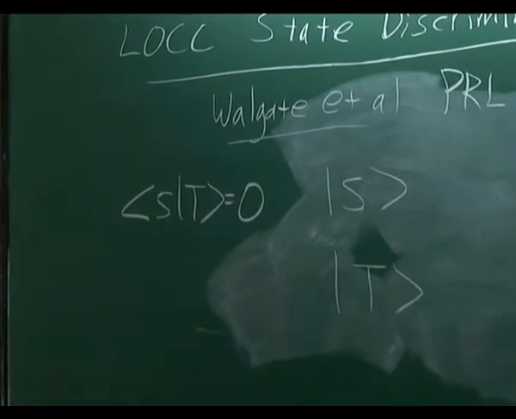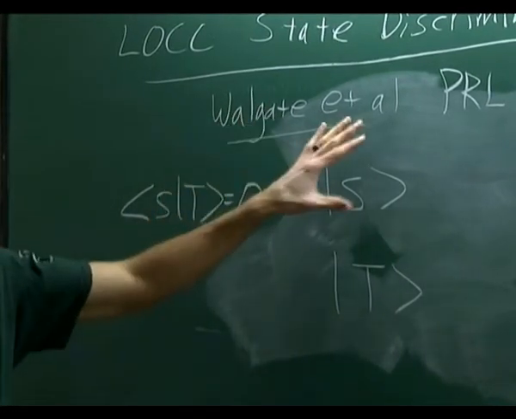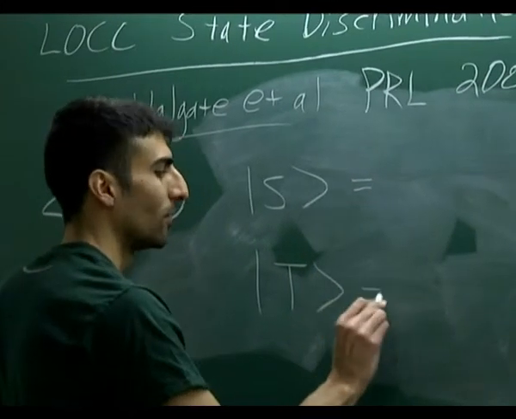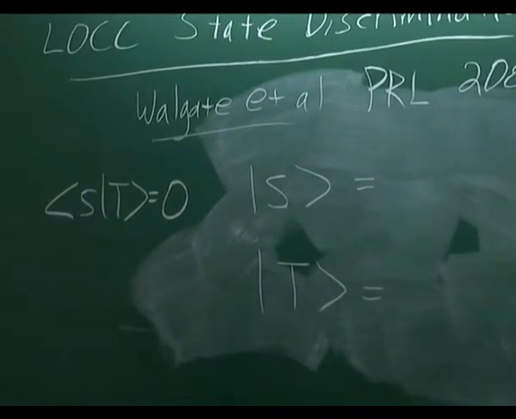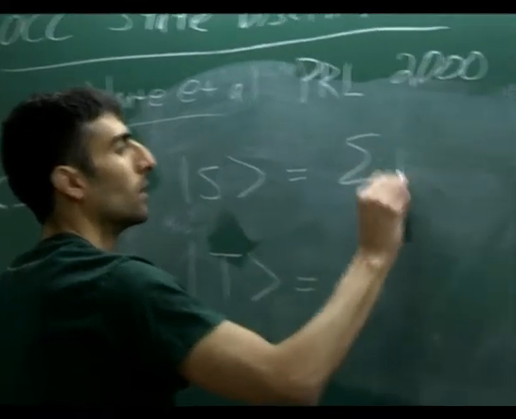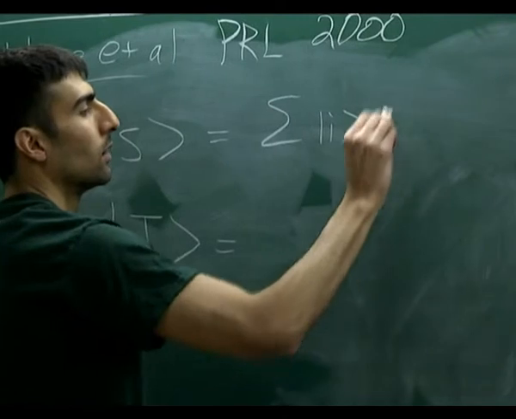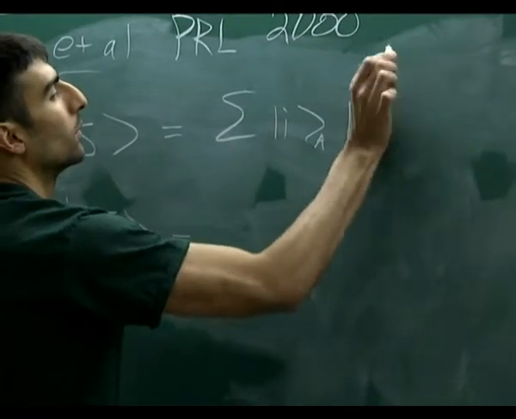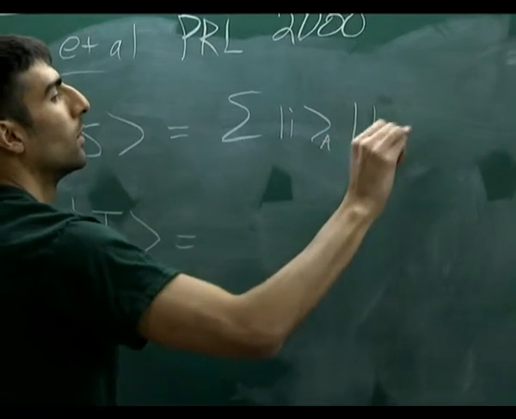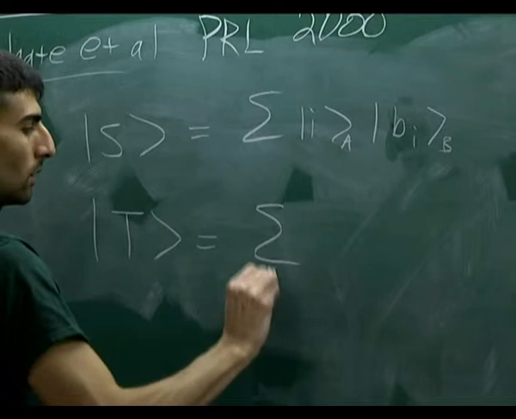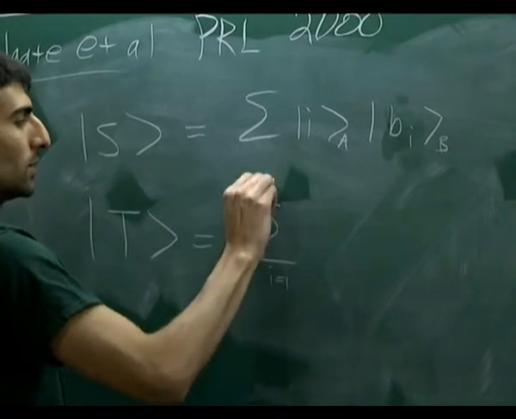Now, the main result of this paper is showing that there exists a decomposition for S and T in the following form. We can write, let's say this is B_i. Make it clearer. This is Bob. This will go over the dimension of Alice's system.